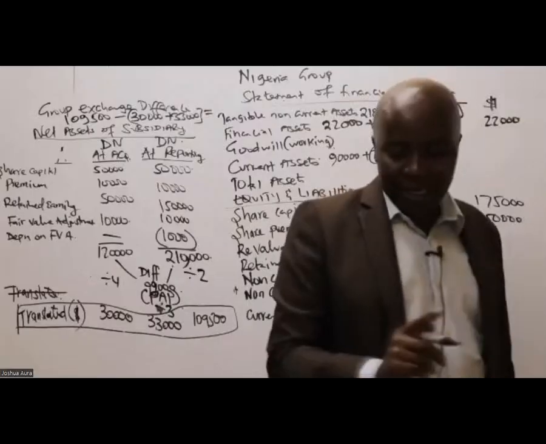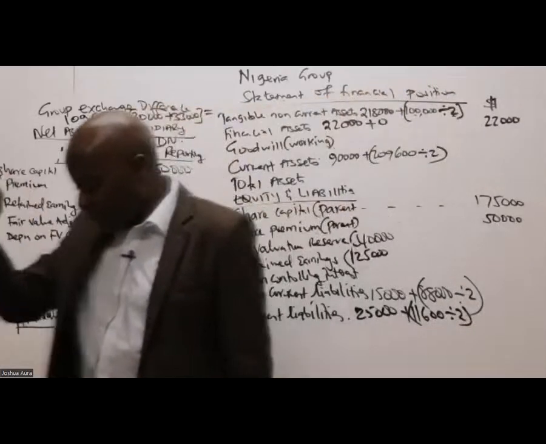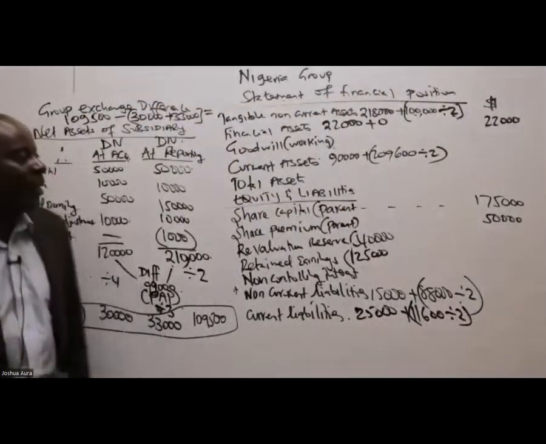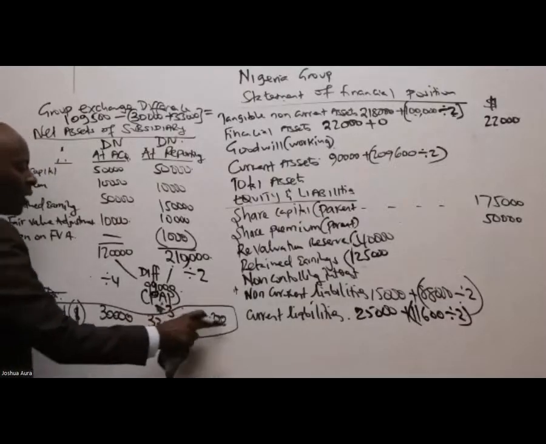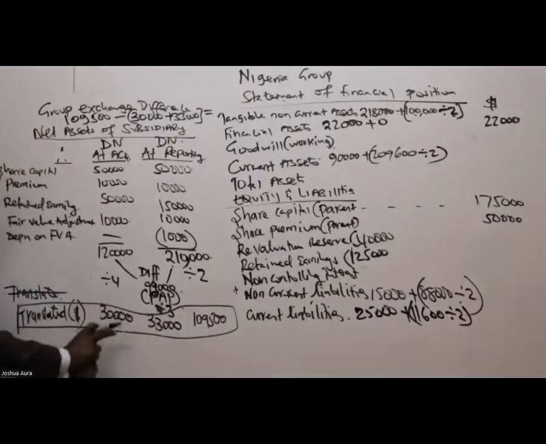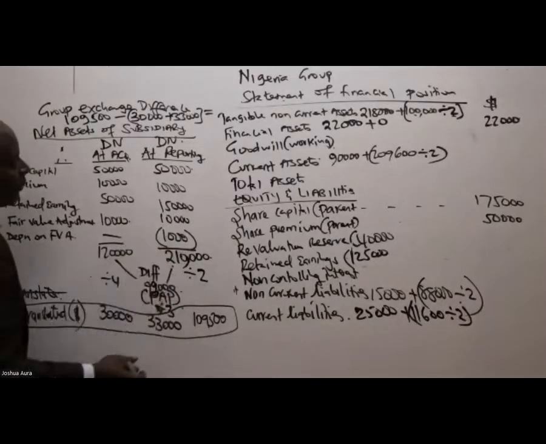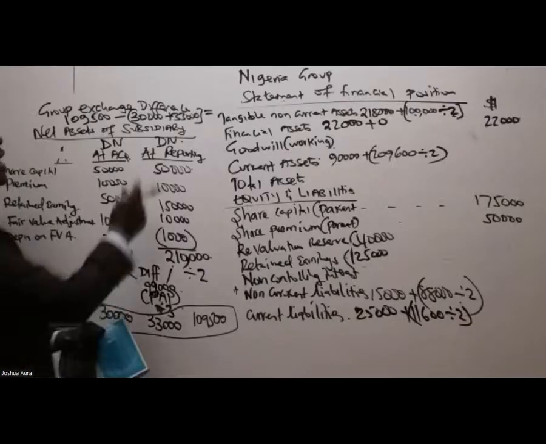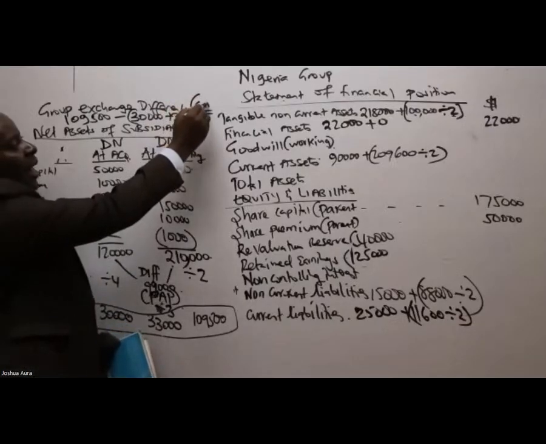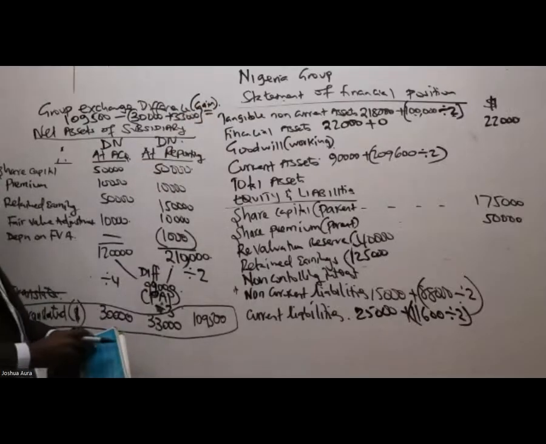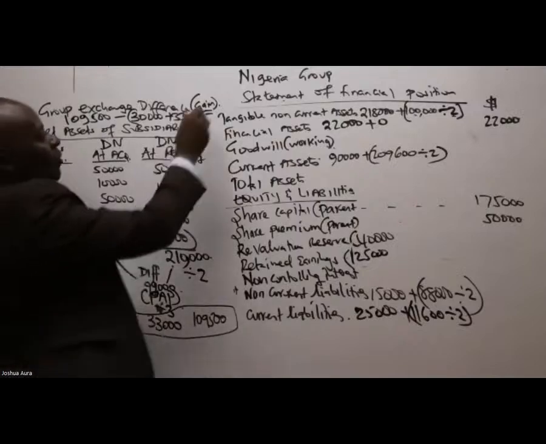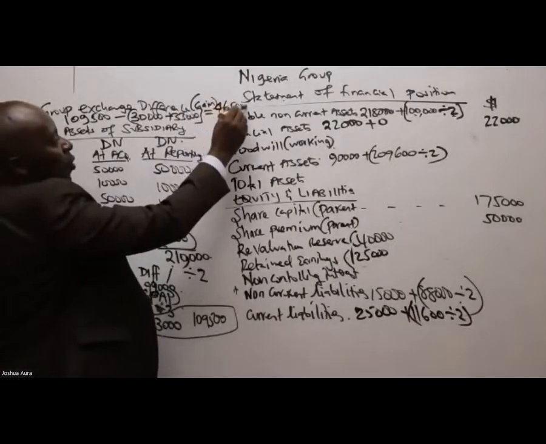46,500 is the gain in translation. It's a gain because we took the closing minus the sum of this. We expected the sum to be 66, but it has given us something more. So, ladies and gentlemen, this group exchange difference is a gain of 46,500.